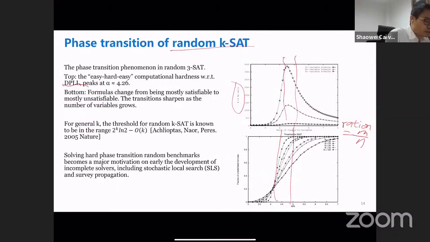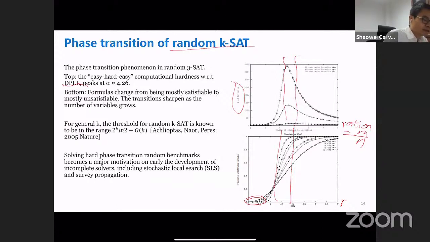In the random case set, this phase transition says that when this ratio is small, then the formula is very sparse, right? It has a small number of constraints, so it is usually satisfiable.